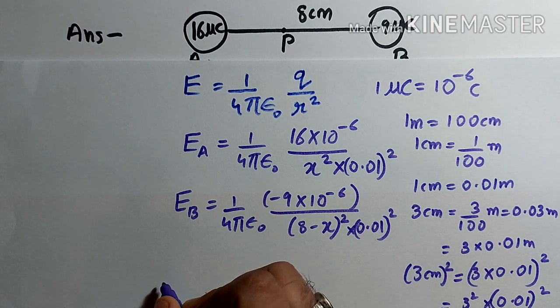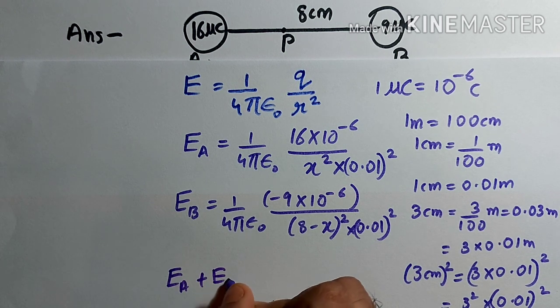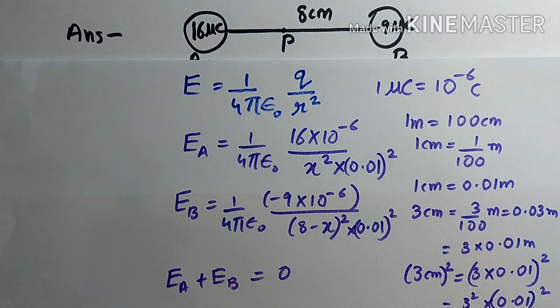Hence, the net electric field at point P is 0. So, EA plus EB should be equal to 0. The net electric field is 0.